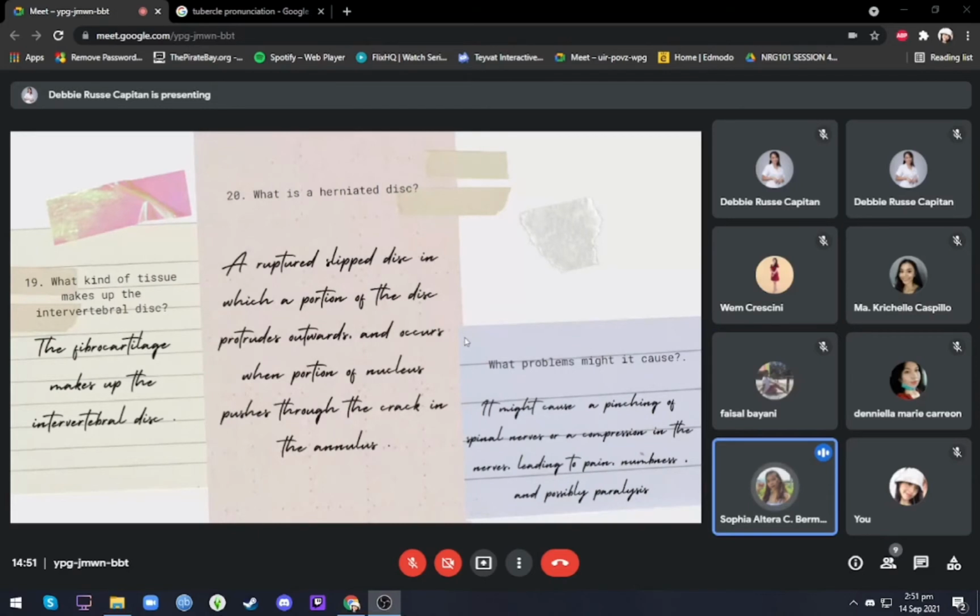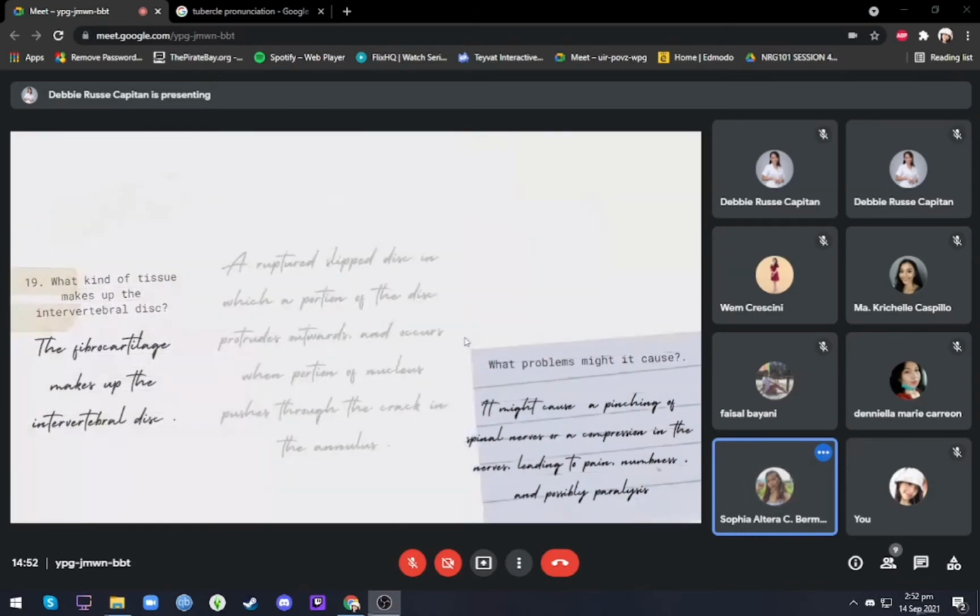Another question for number 20, what problems might it cause? It might cause a pinching of spinal nerves or a compression of the nerves, leading to pain, numbness, and possibly paralysis.